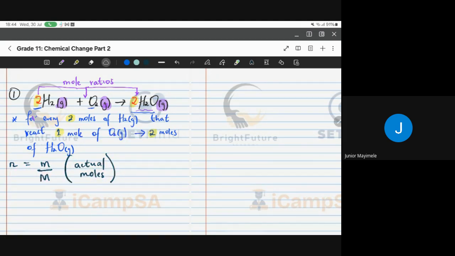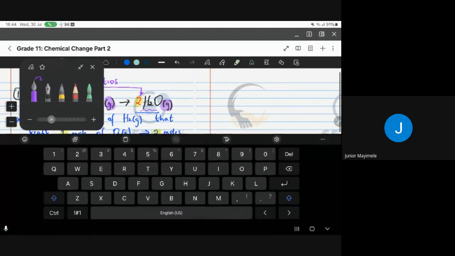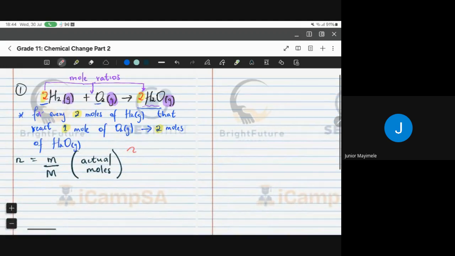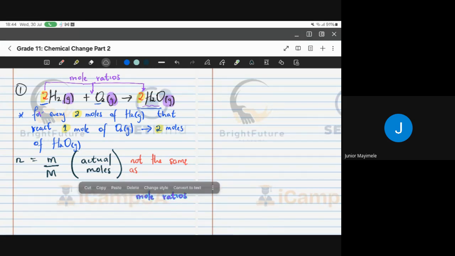Actual moles are not the same as mole ratios. These two are not the same.